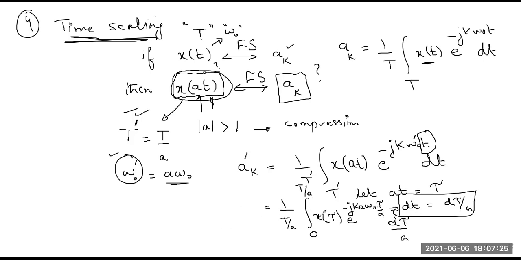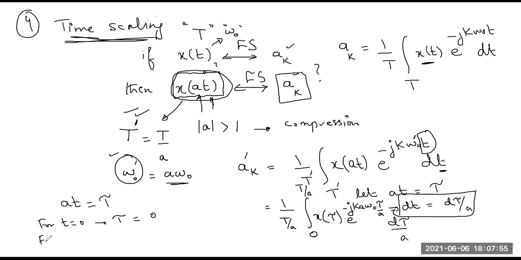And now the important point is that these limits are with respect to t, so I have to change the limits. We have the relationship at equal to tau. So when t is equal to 0, tau will also be equal to 0.